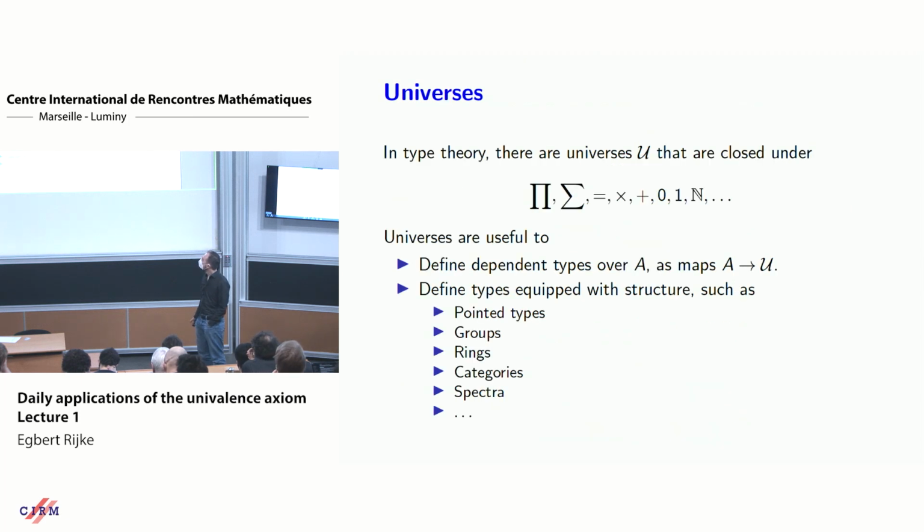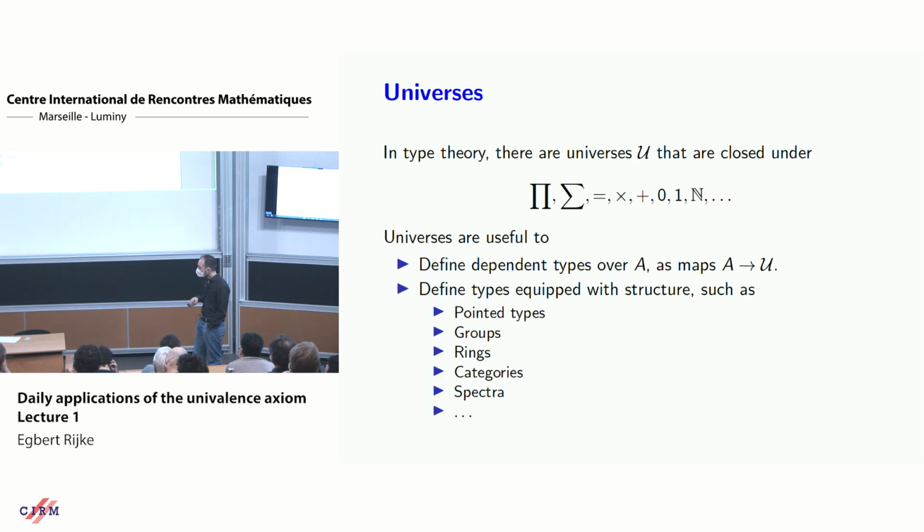And now that we have equivalences, we can go to universes and express the univalence axiom. So a universe in type theory is a type. I didn't write here that it's a type, but U is supposed to be a type that is closed under all the type constructors: pi, sigma, equality, Cartesian product, coproduct, and so on.